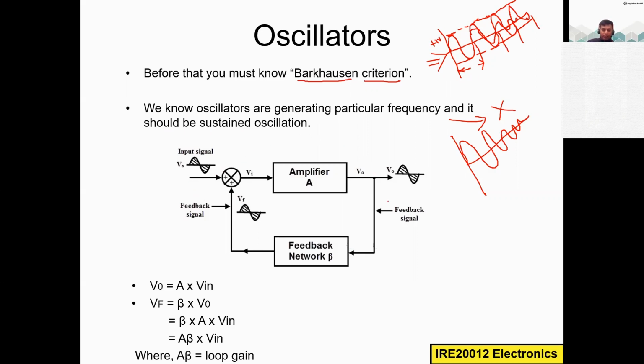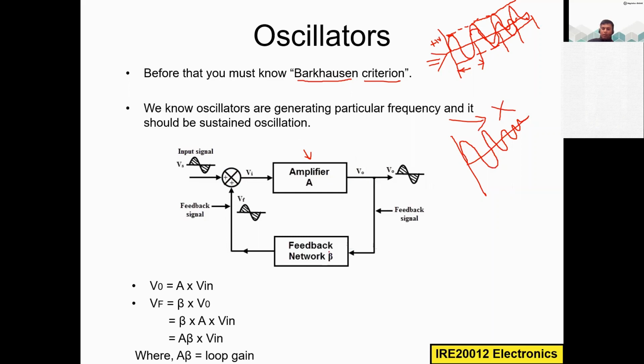This is the simple block diagram of the oscillator. We are applying some input signal, and we have a multiplier block, giving this to an amplifier. This amplifier can be, as I said, an operational amplifier or transistors. And we are getting the output. We take a fraction of the output and feed it back to the input via this feedback network.